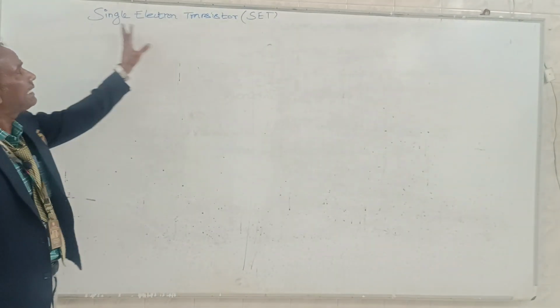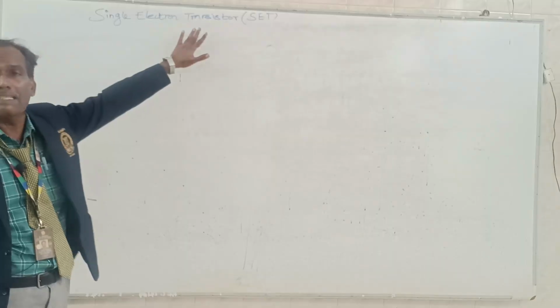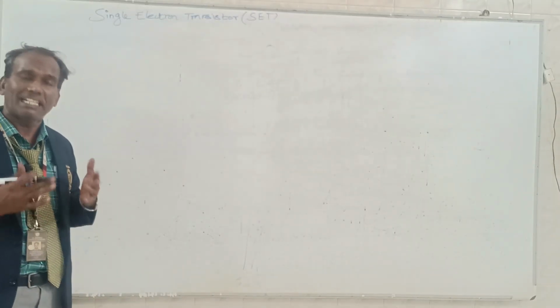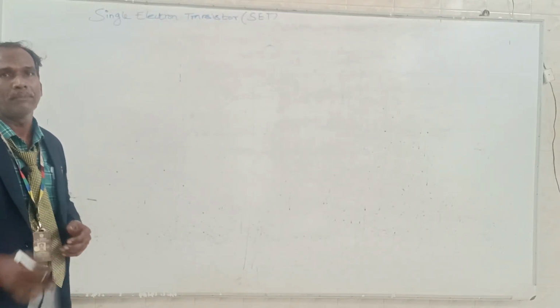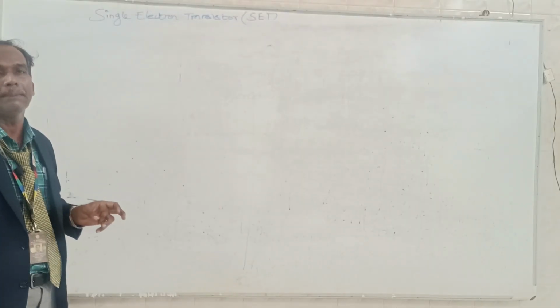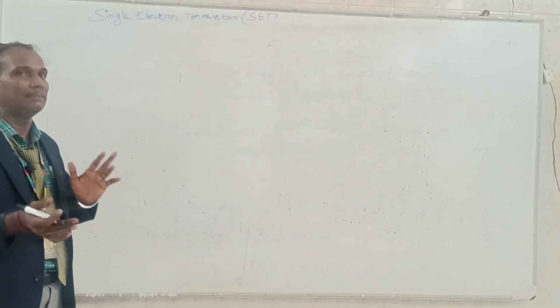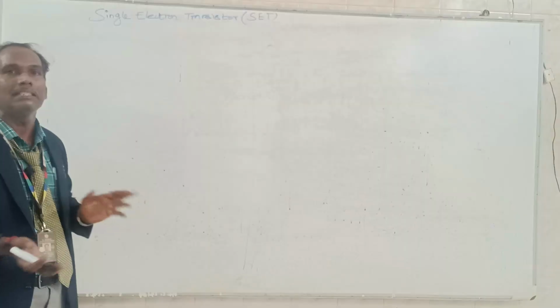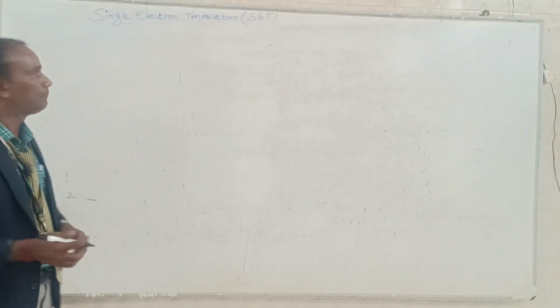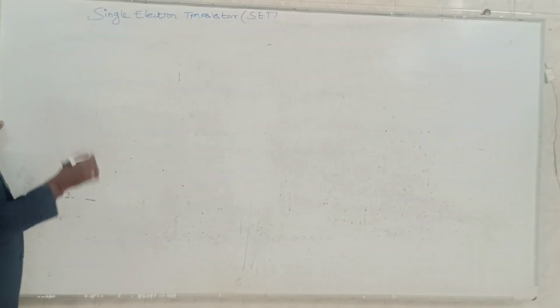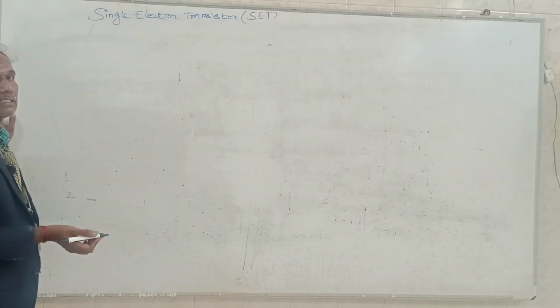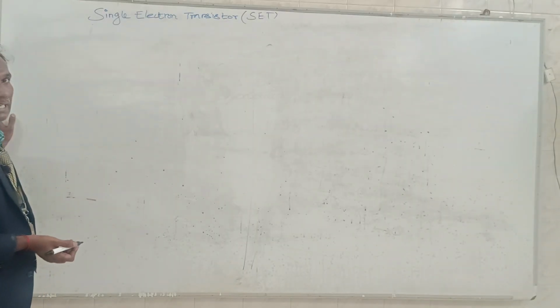To understand the single electron transistor in terms of construction and working, first we should compare the single electron transistor with the field effect transistor. Let's see the difference between the field effect transistor and the single electron transistor.